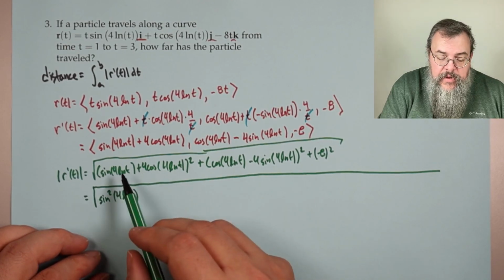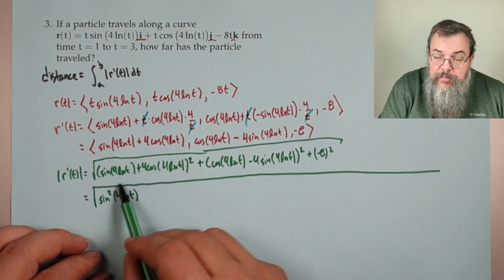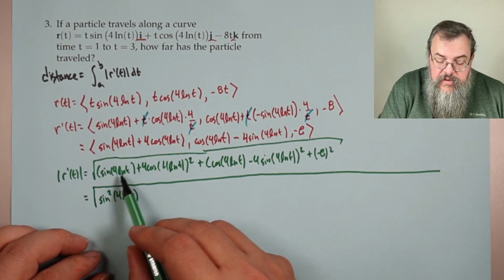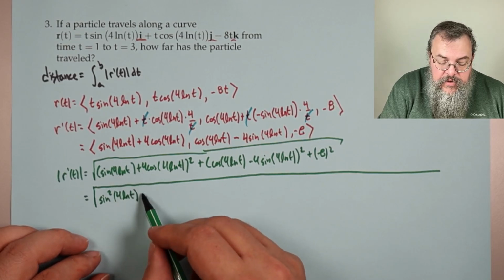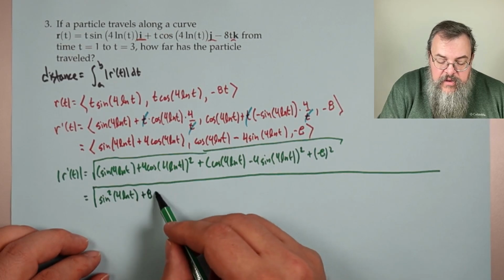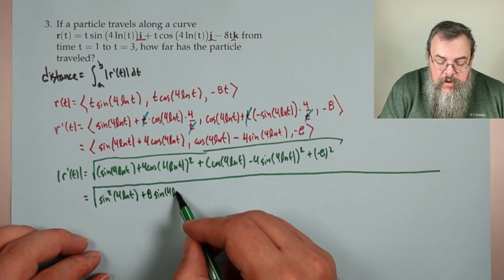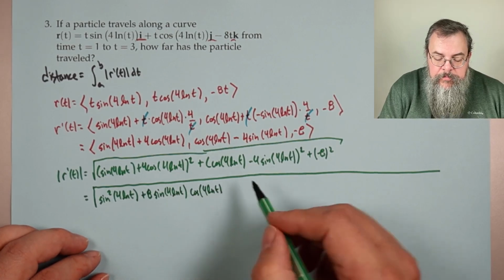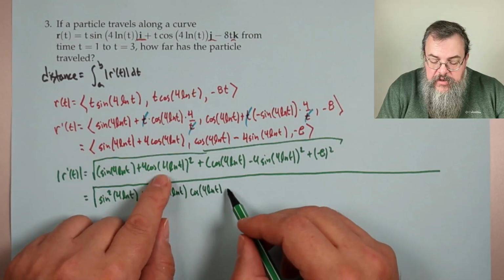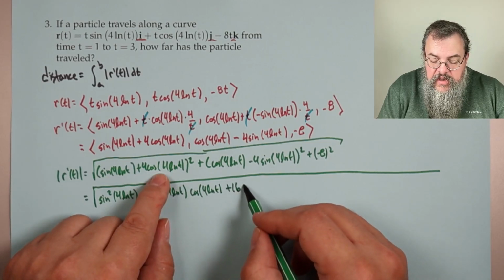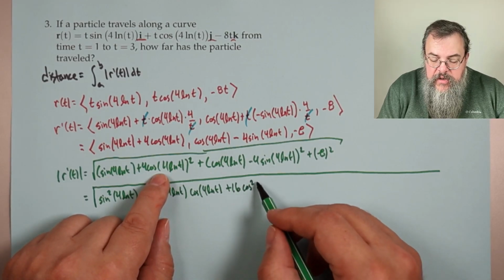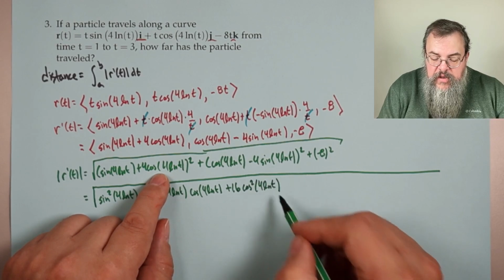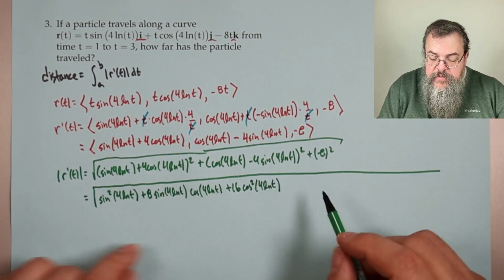Then the cross terms. So that's 2ab. So 2 times this times that. So there's, notice that 4 there. So 2 times 4 makes 8 sine 4 log t cosine 4 log t. B squared, that term squared, that makes 16 cosine squared of 4 log t. Okay, so that's the first term.